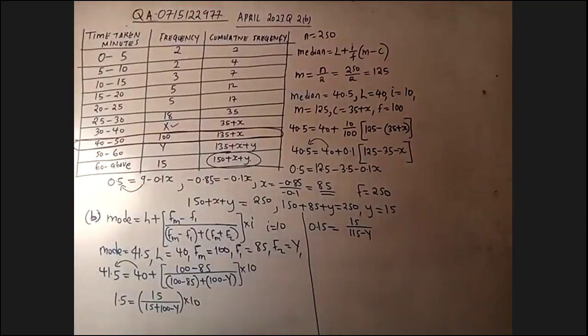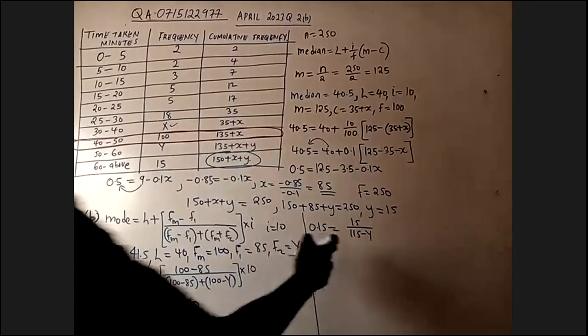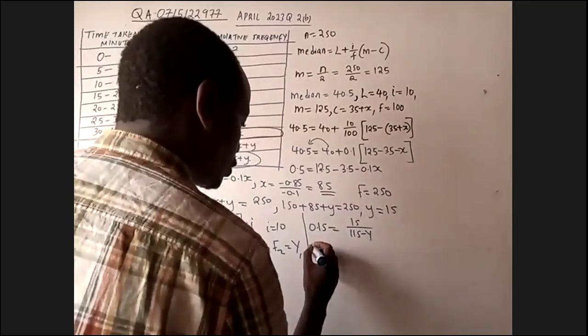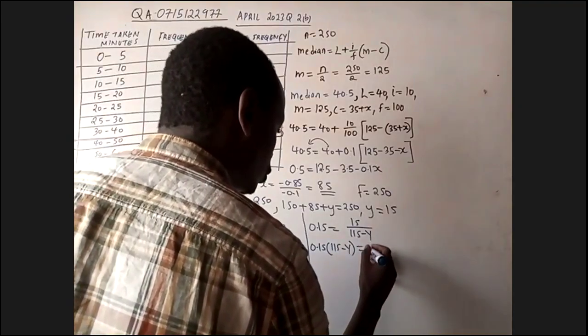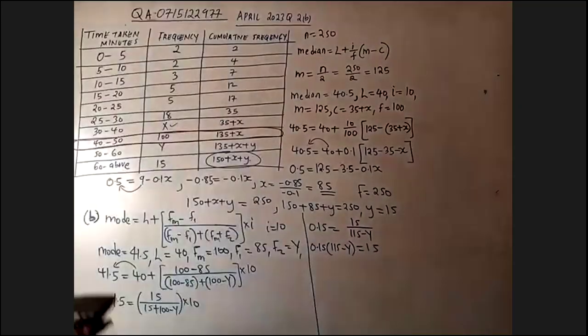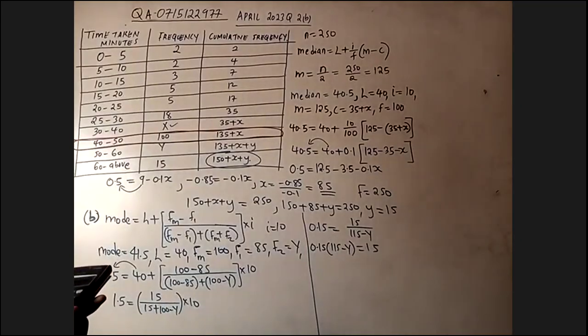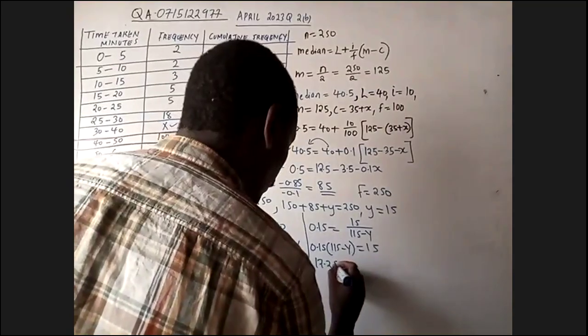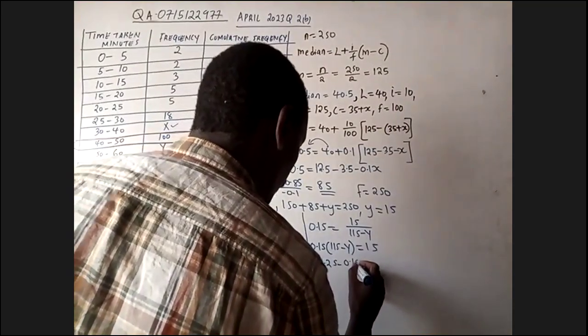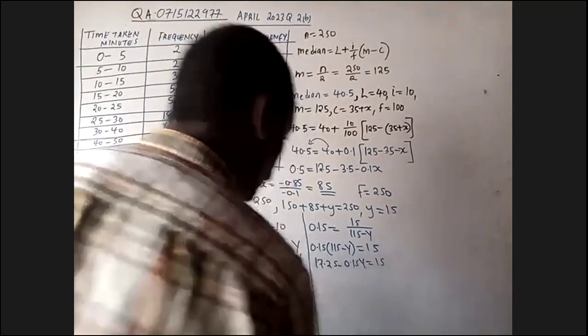Now let us multiply each side by 115 minus y. It will be 0.15 times (115 minus y) is equal to 15. So 0.15 times 115 is 17.25, minus 0.15y is equal to 15.